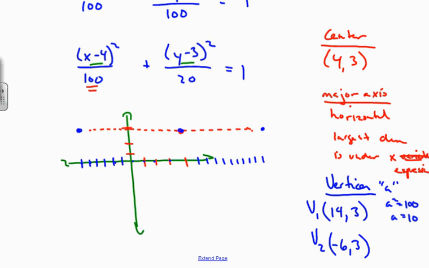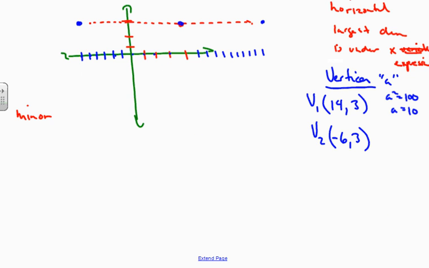The next thing we want to do is use our B value to help us figure out our minor axis, so we can finish this graph. The minor axis is B units away from the center.